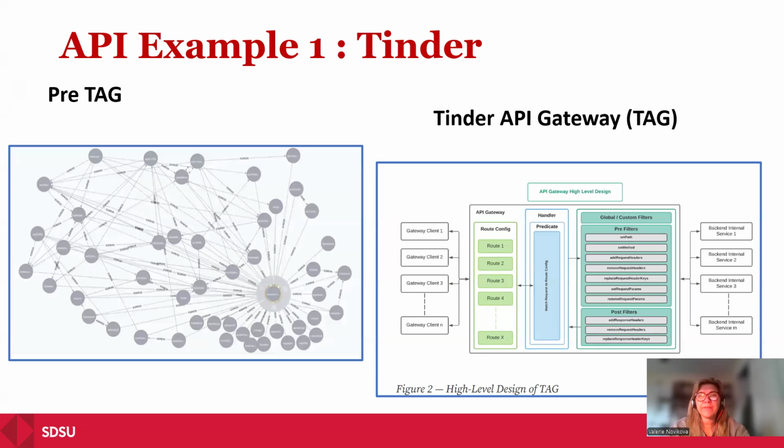And on the left, you can see how the API for Tinder looked in the very beginning. All those circles were specific APIs, specific code developed for each of those clients who wanted to interact with the Tinder database. As you can see, it was very disorganized, very chaotic. Well, and then came two engineers who developed the Tinder API gateway, called TAG.